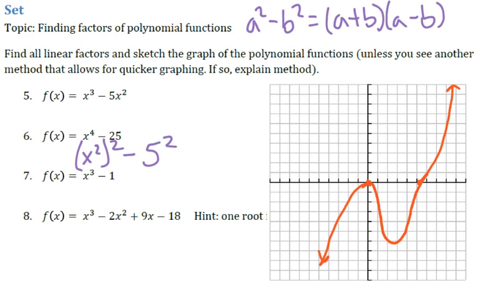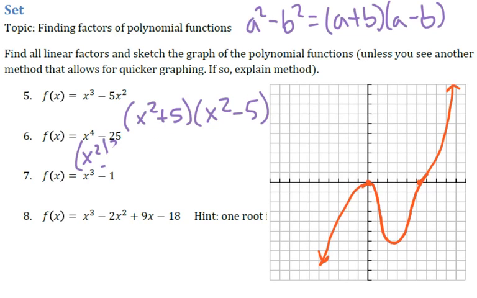So this one would be x squared plus 5 times x squared minus 5. Now, that essentially gives us our roots. Because we'd go x squared plus 5 equals 0.